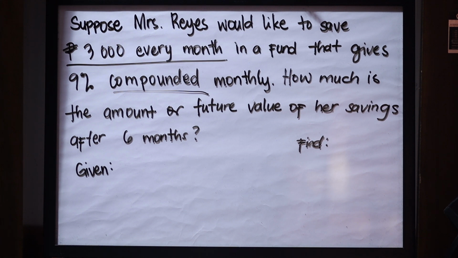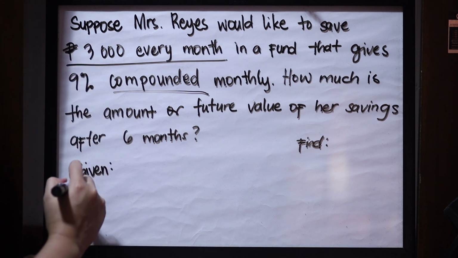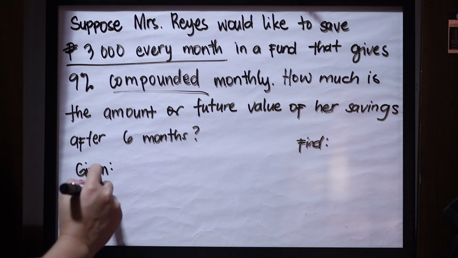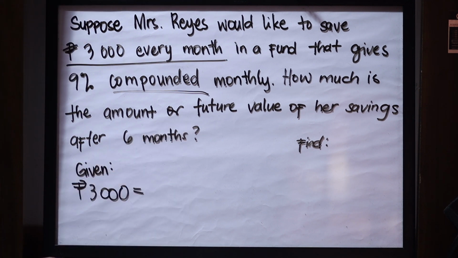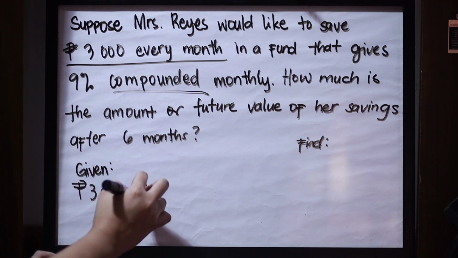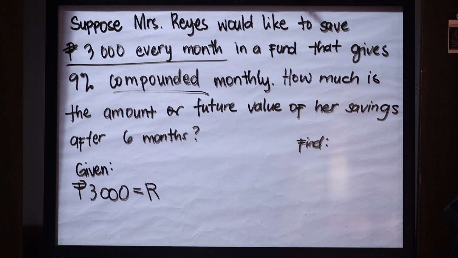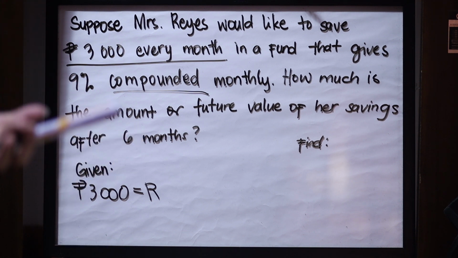For the given values, we have 3,000 as the first value. Since 3,000 is the money you will put in the fund every month, that makes 3,000 our R, the periodic payment. Why is it the periodic payment? Because that is the amount of money you put in every month.